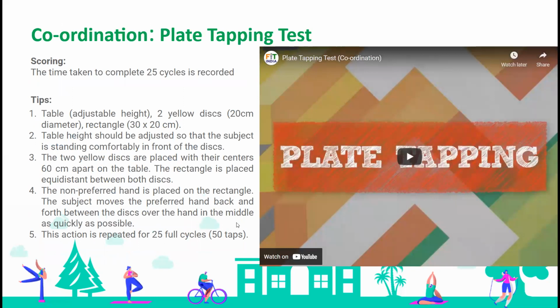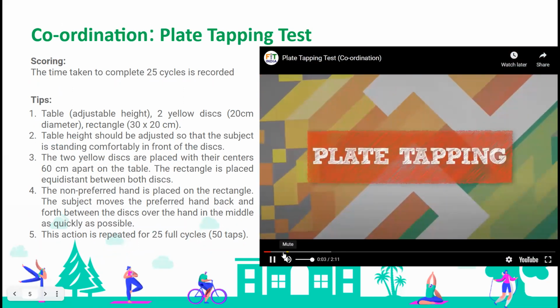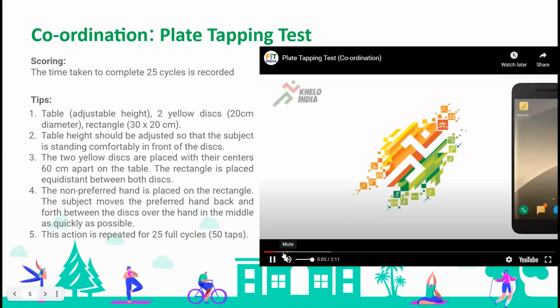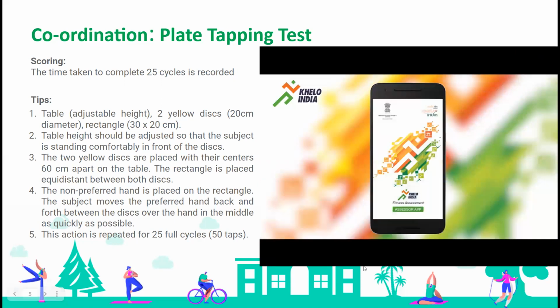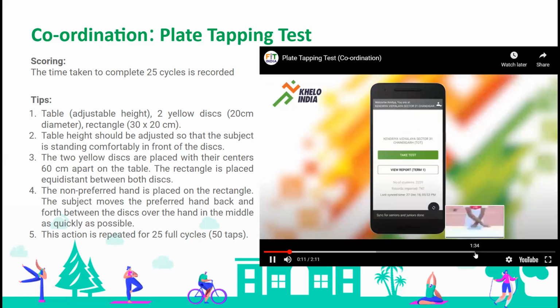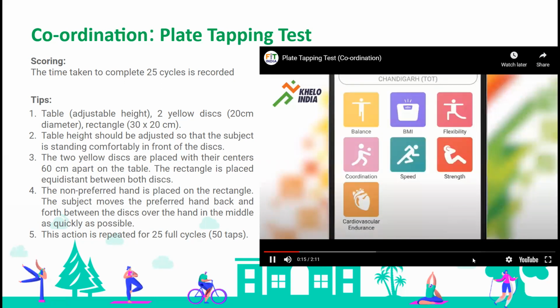Now let's look at plate tapping. So here, let me just show you the video first. To conduct the plate tapping test, first open the Khelo India Fitness Assessor app. Once the app is on, select the Take Test option.